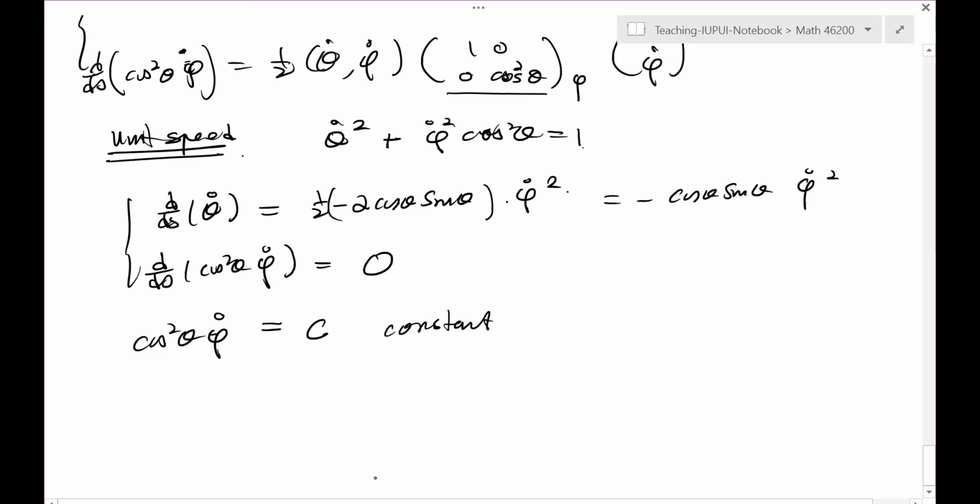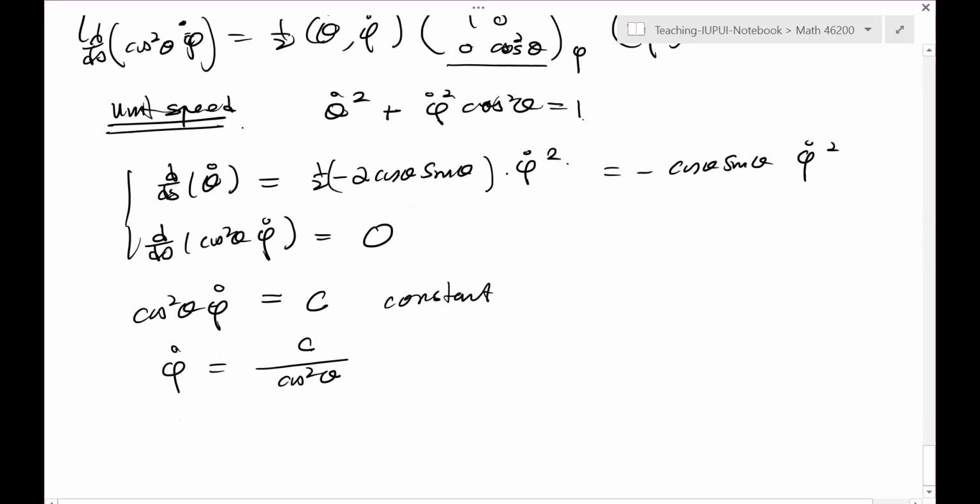All right, can we simplify further a little bit? From here, phi dot equals c over cosine square theta.